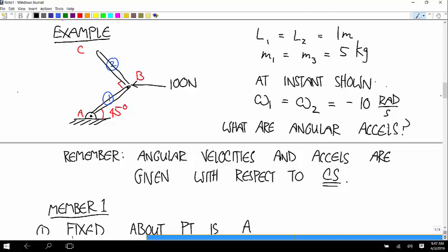And so if we calculate the acceleration of that point on member 1 and the acceleration of that point on member 2, those have to be the same. If they're not the same, then it's flying apart. So we're restricting it to move together, the angle between those two not changing.